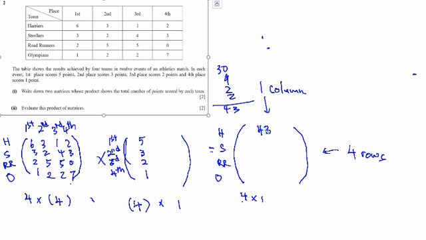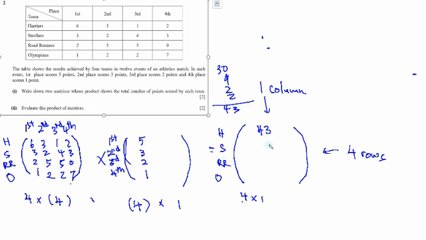Remember, to get this element you multiply the first row with the first column. The first row comes from the first matrix. The first column comes from the second matrix. So it's this times this. You got 43.